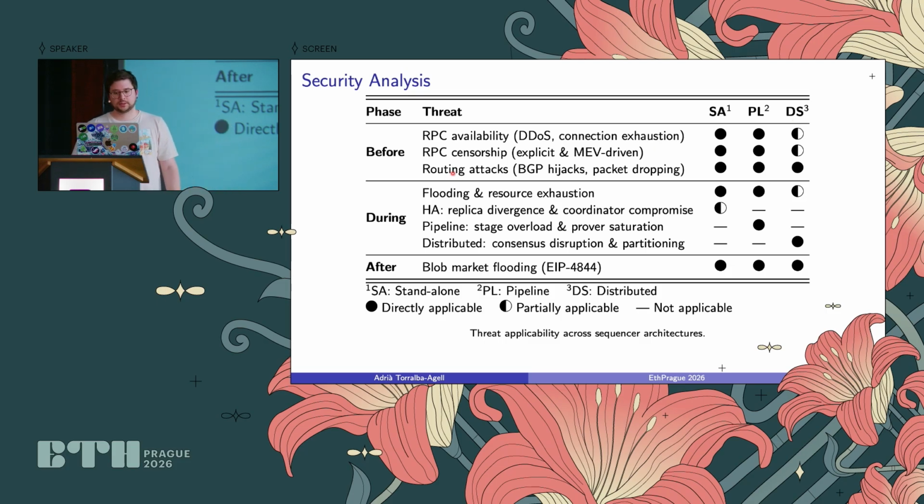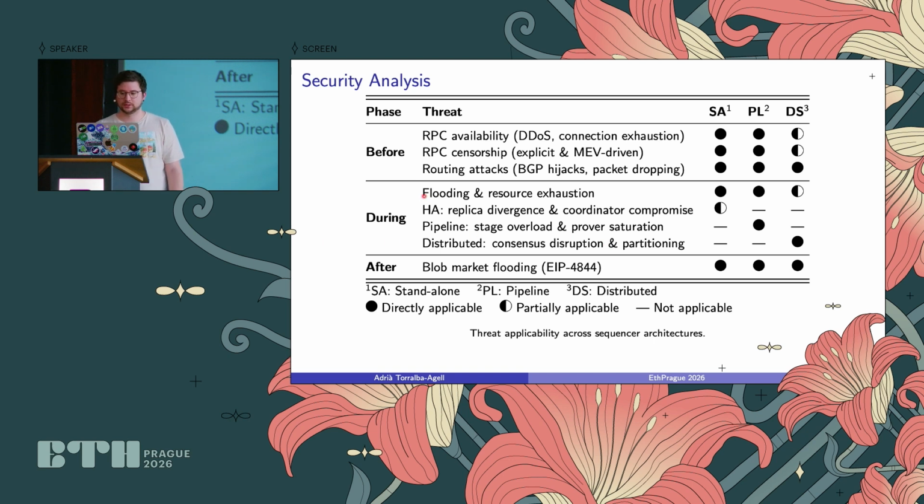The case of routing attacks, either BGP hijacking or packet dropping, is something where, if you are targeted in this way, you cannot do anything in any case. This applies across the board on all the sequencer architectures.